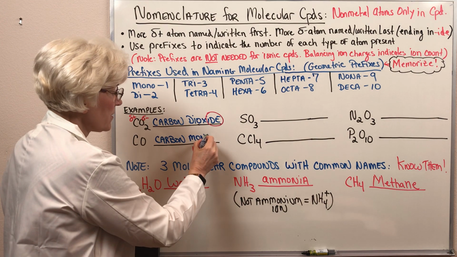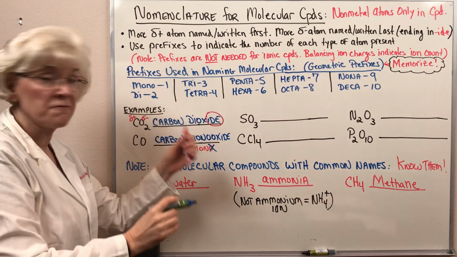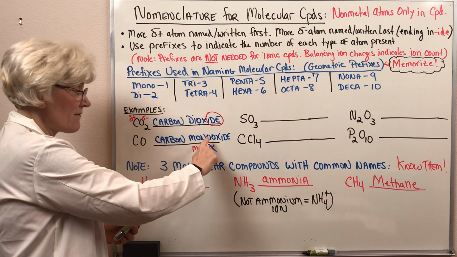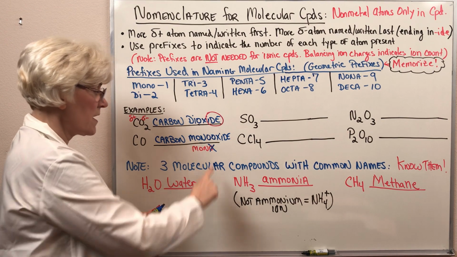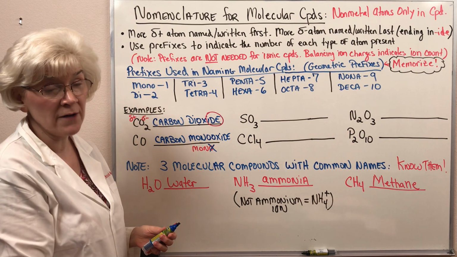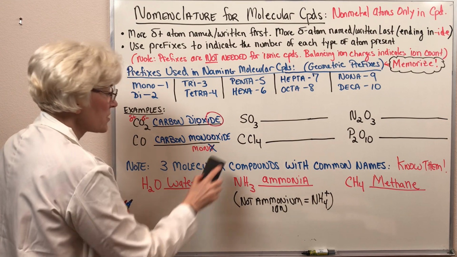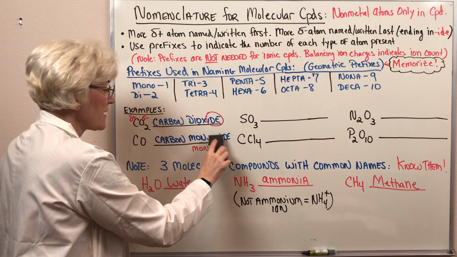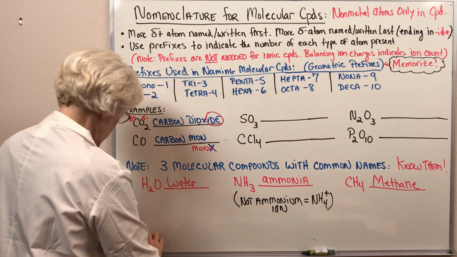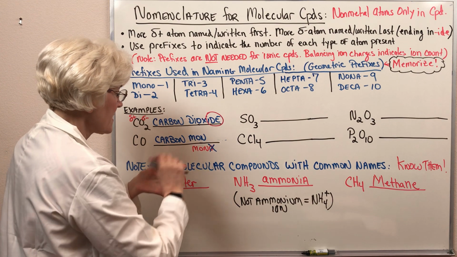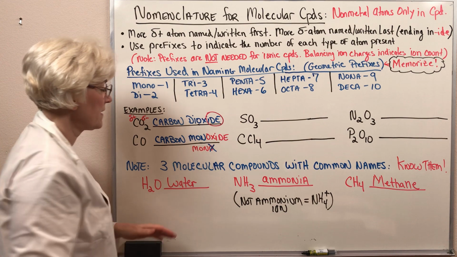So in other words, this notation is funky in the English language, having mono end in O and oxide also begin with O. So we drop the O off of the mono and refer to this compound as carbon monoxide. So let me erase and just put the correct ending. Let's make it pop a little in red.